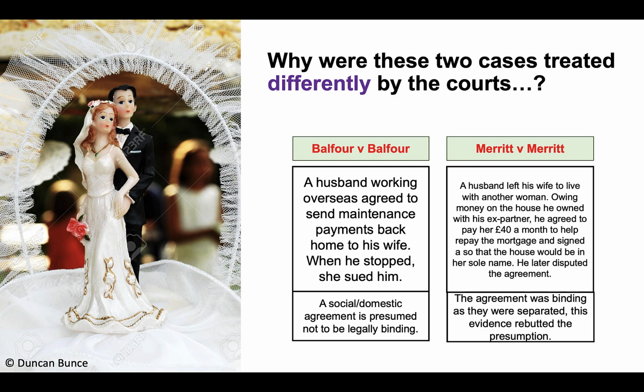And they were, because at least one of the key things here is that in the Merritt case, the husband and wife had split up. And so immediately any agreement that they enter into would be treated more formally. And I can't remember with respect to this one, but certainly if anything had been signed to that effect, then again, more formal and would be treated differently, wouldn't it? So that would rebut the presumption of there being no intention to create legal relations.